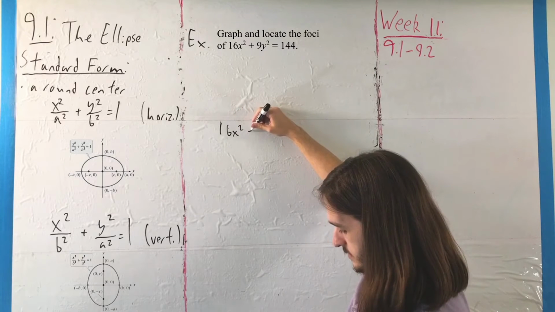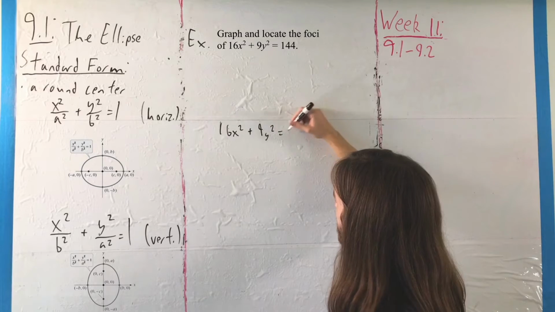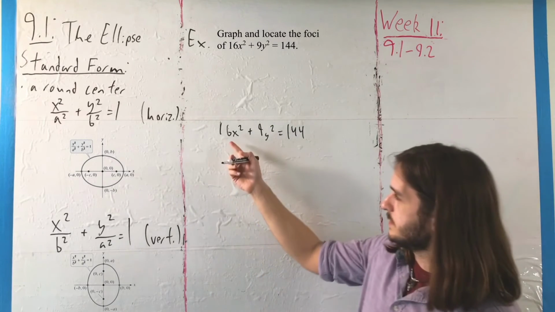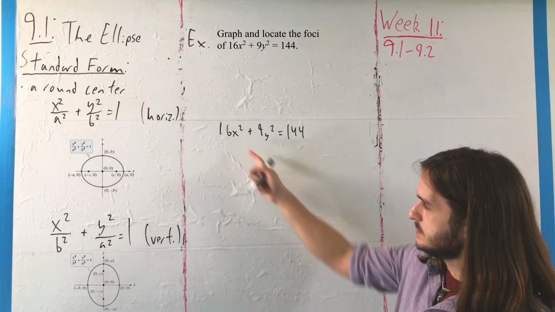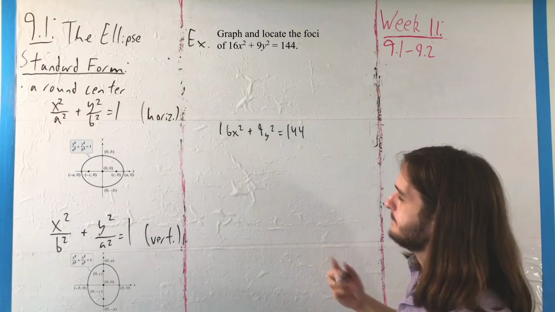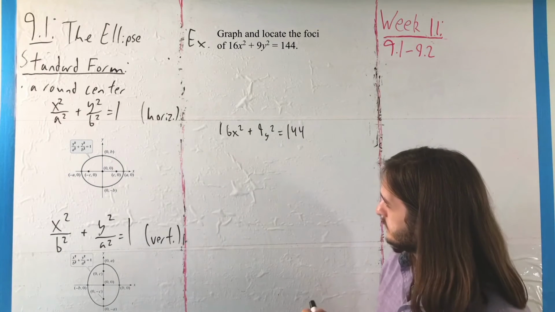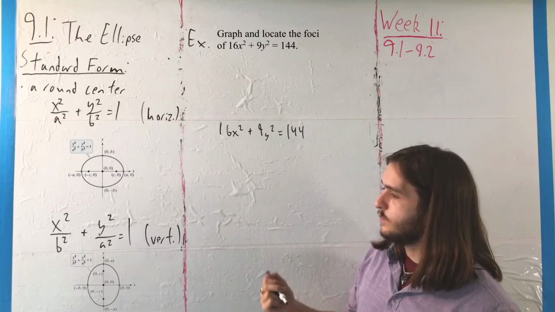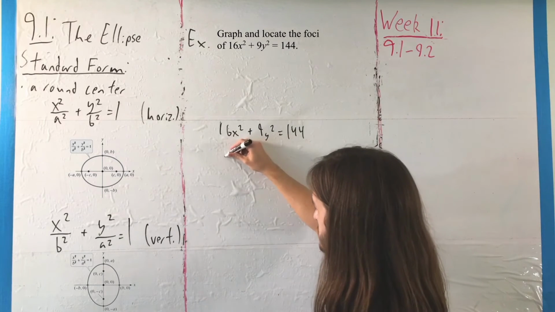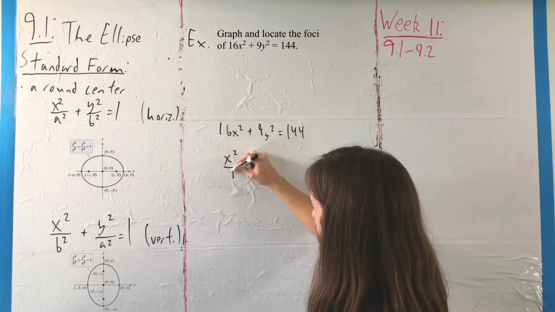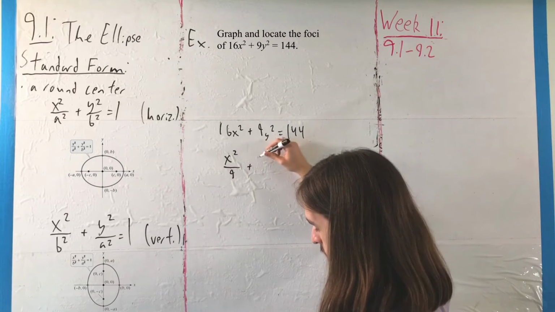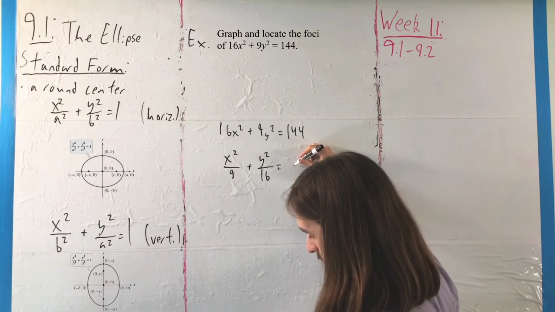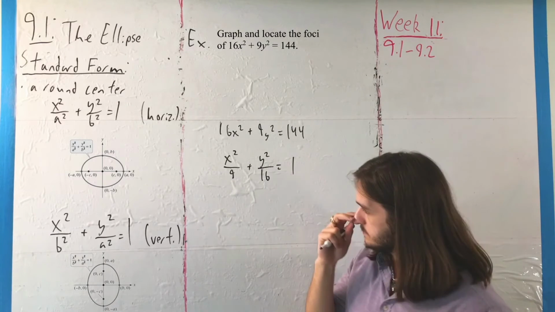It's very convenient that it's set up this way, because what we're going to do is divide out a 16 to get rid of the constant on that part, and divide out a 9 to get rid of the constant on that part. And what we'll end up with is x squared over 9 plus y squared over 16 is equal to 1.